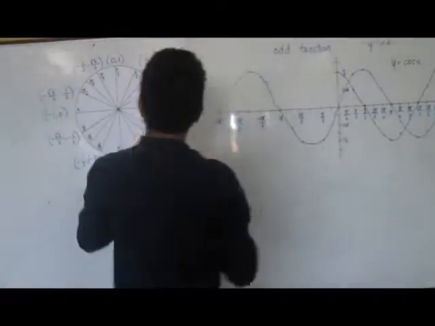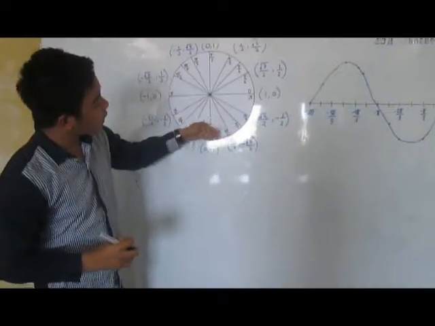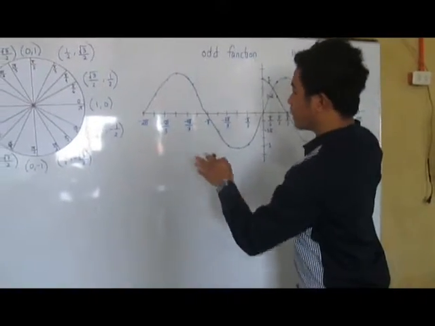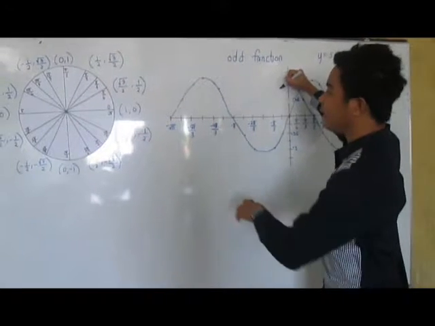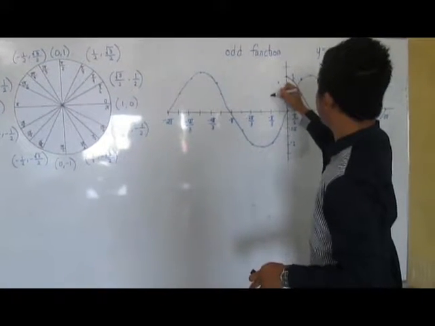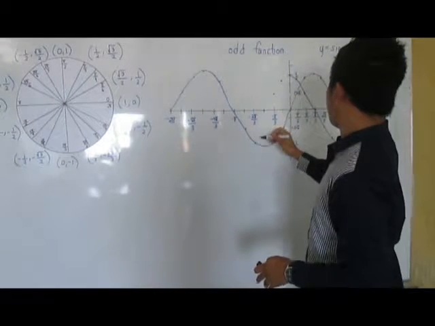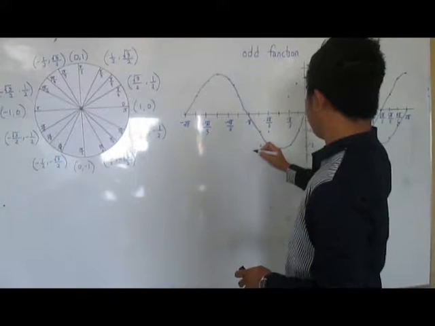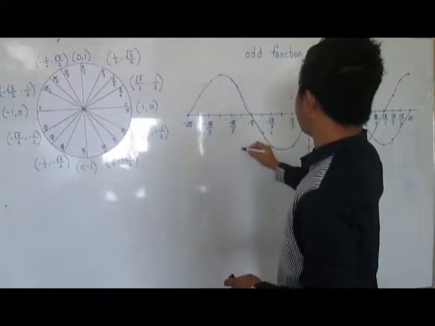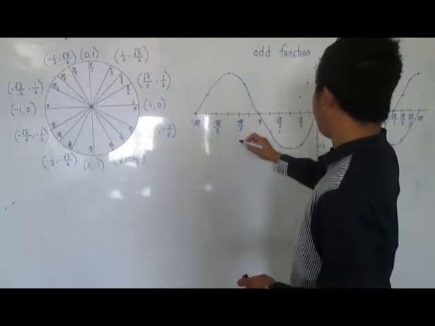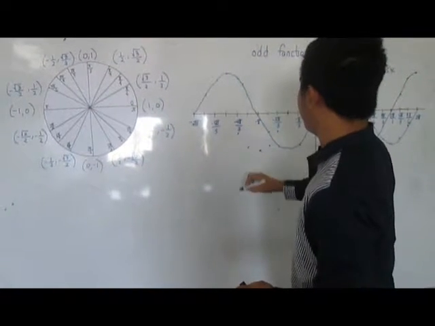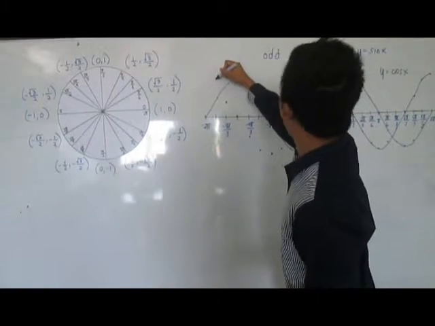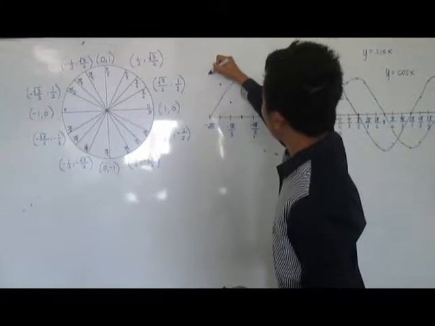Now how about if we take the angles in the clockwise direction? So again, this one we have square root of 3 over 2, or 0.87, positive 1/2, 0, negative 1/2, negative 0.87, negative 1, negative 0.87, at negative 4 pi over 3, that is negative 0.5, 0, positive 0.5, positive 0.87, and then we have 1.